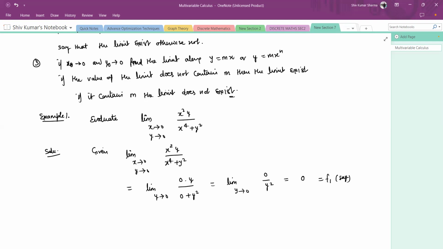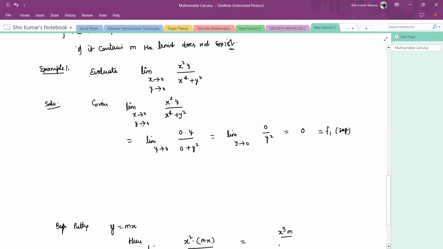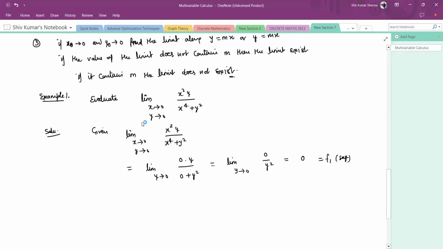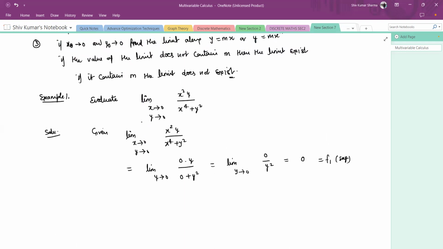Now when we apply the limit of y first, again limit x tends to 0, y tends to 0, of x raised to the power 2 into y upon x raised to the power 4 plus y square.